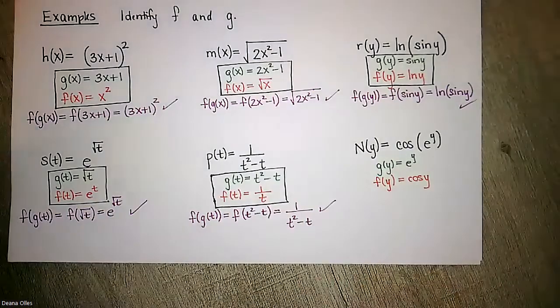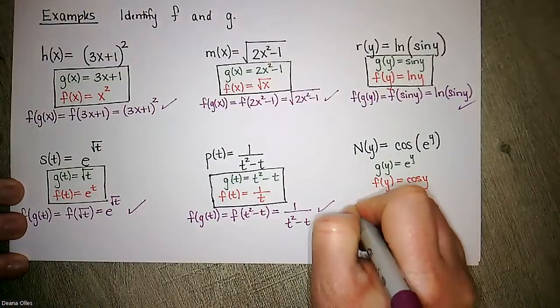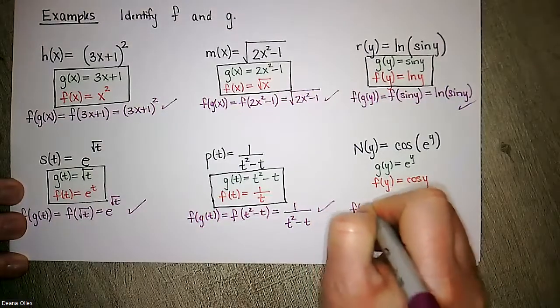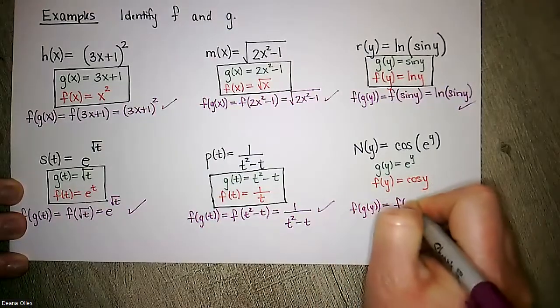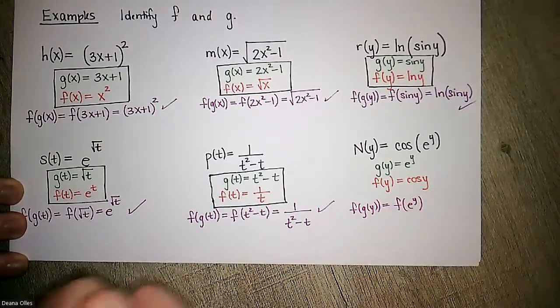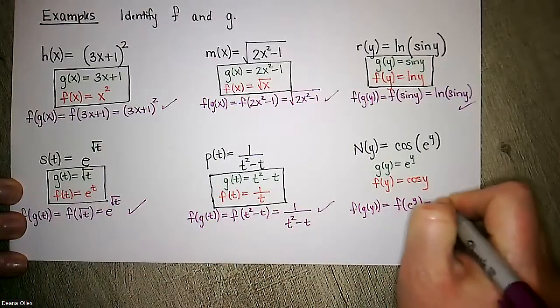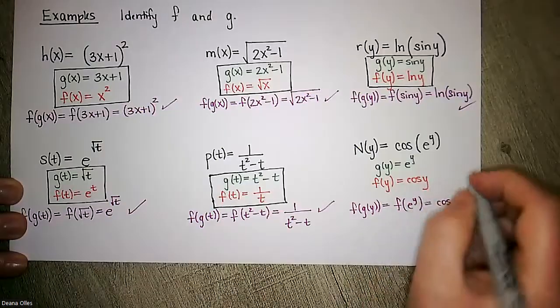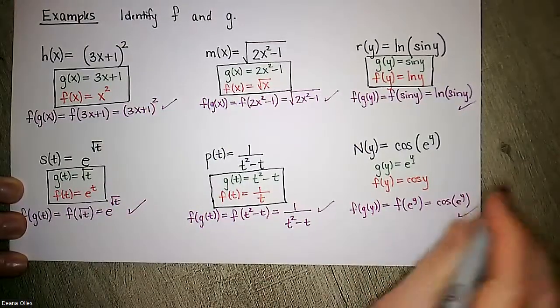So f of y is the cosine of y. Let's go ahead and check that. So f of g of y, that's going to be f of e to the y, because that's what g of y is. And so that will give us the cosine of, instead of y, e to the y, which is exactly what we're looking for.